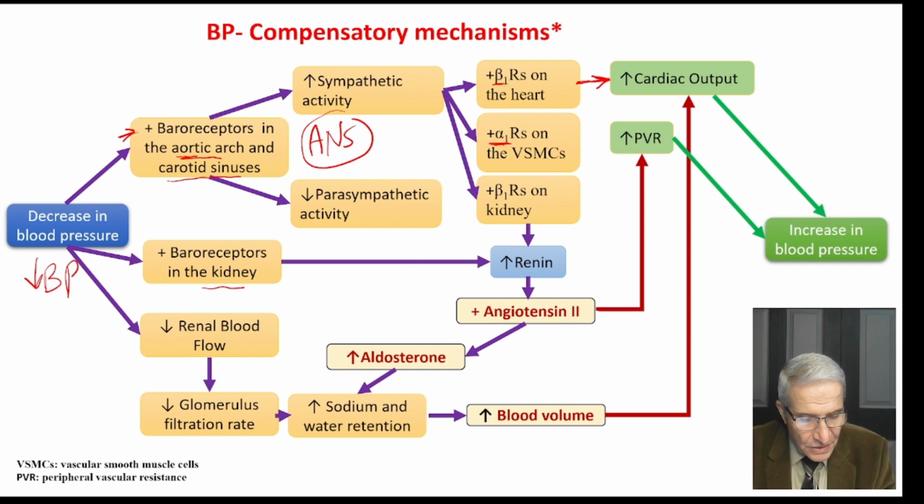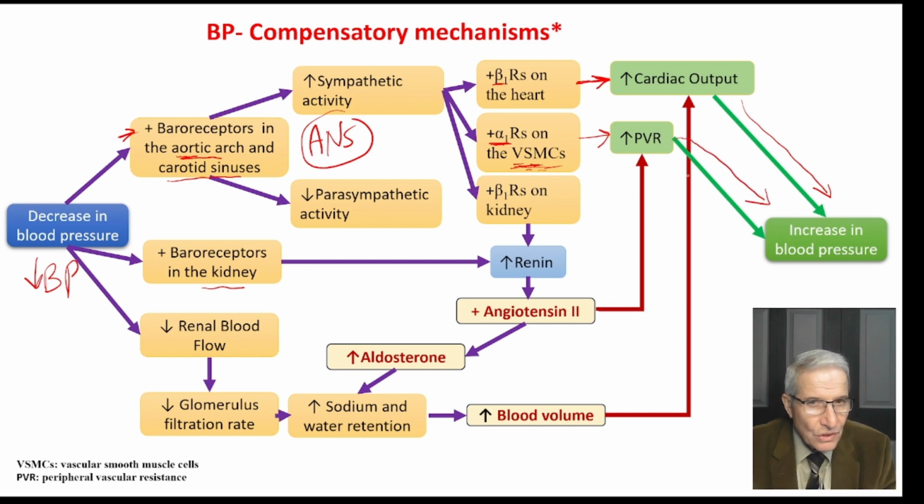If you increase cardiac output, the result will be increased blood pressure. Activating alpha-1 receptor in the VSMC, which stands for vascular smooth muscle cells, the alpha-1 adrenergic receptor in the smooth muscle cells, the result will be increased peripheral resistance, and this will lead to increased blood pressure.